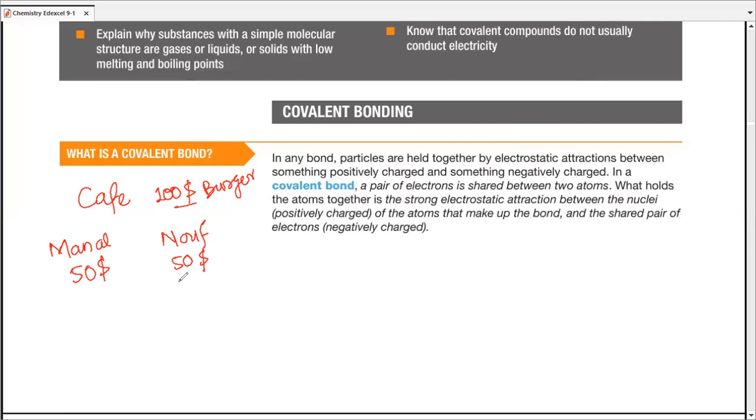The first option is Manal gives all her money to Noor. Noor goes to the cafe, buys the burger, does not even put a kind look towards Manal. He eats the whole burger in haste, and Manal stays at a loss. So, loss of Manal, gain of Noor, right? That's the first option. One of you loses, one of you gains, right?